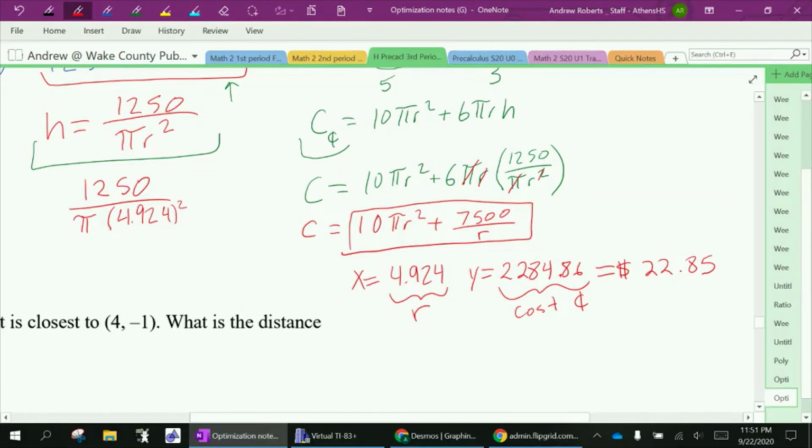So 1,250 divided by pi divided by 4.924 squared gives me 16.41. So I've got my height, I've got my radius, and I have my minimum cost, which is actually $22.85. Okay.